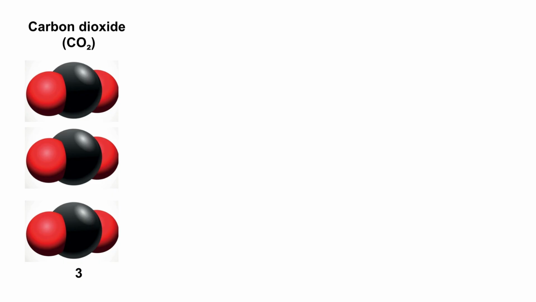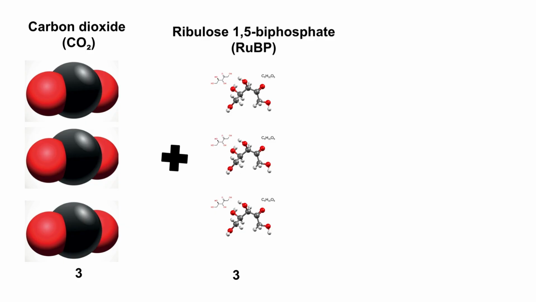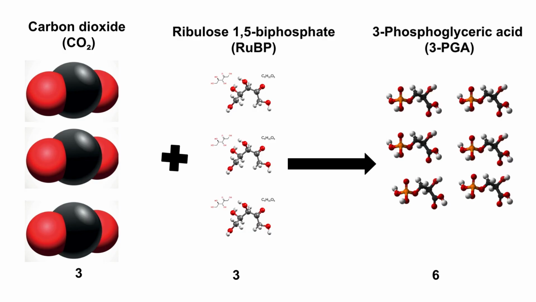Three molecules of carbon dioxide react with three molecules of ribulose bisphosphate, or RuBP, forming six molecules of a three-carbon molecule called 3-PGA. The enzyme Rubisco catalyzes this reaction.